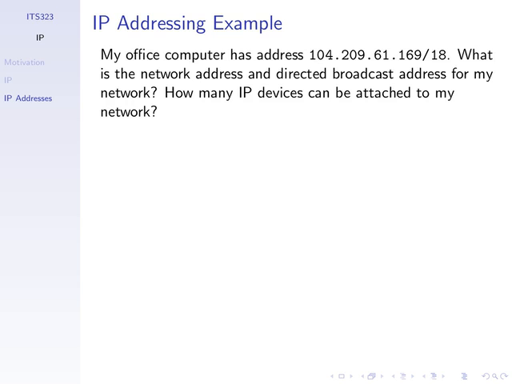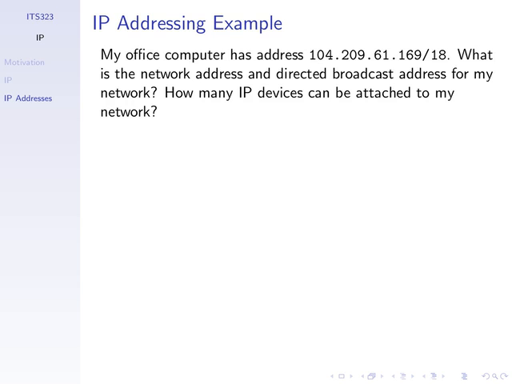With 6 bits, we have 64 possible values, ranging from 6 zeros up to 6 ones. But that special case of 6 zeros is used for the network address. And the special case of 6 ones is used for the directed broadcast address. So your device cannot use either of those 2 addresses.